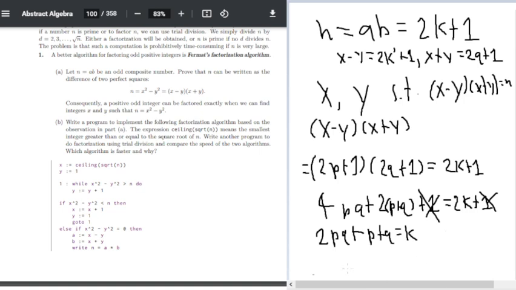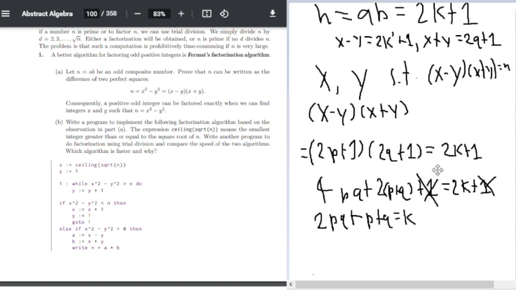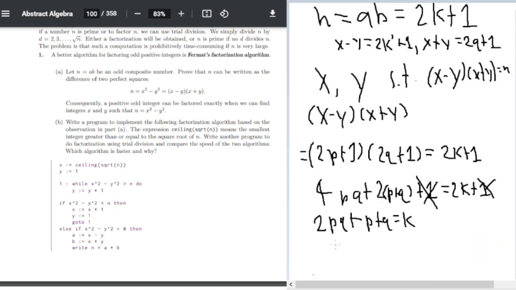So first, in solving for q, we have that p times 2q plus 1 plus q is equal to k. So we simply solve and we find that p is equal to k minus q over 2q plus 1, right?